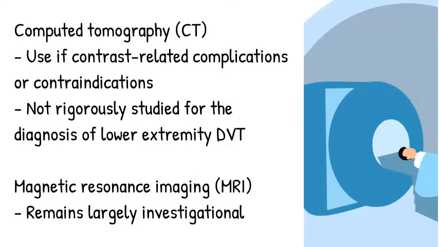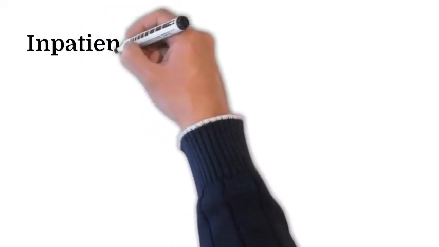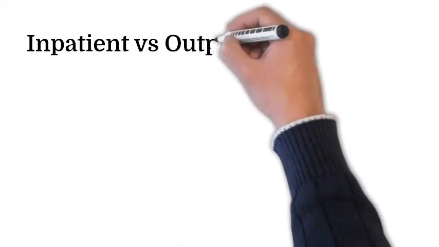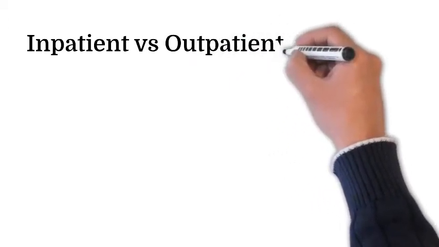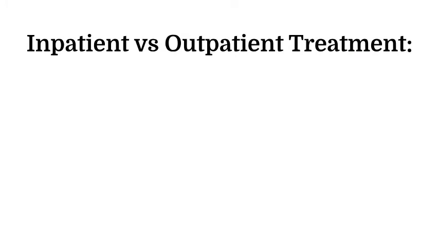So now that we have determined that our patient does have a DVT and we need to treat it, our next point is then to figure out if we're going to treat the patient inpatient. That means, are we going to admit them, or can we start their anticoagulation and send them home?